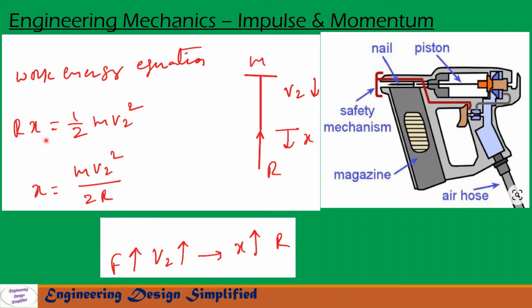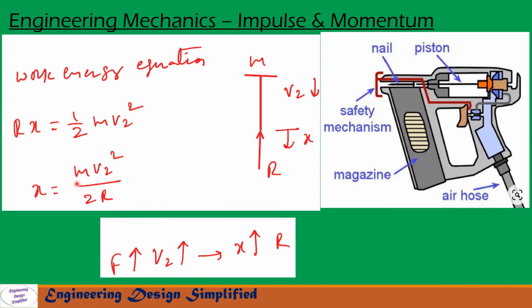So R into x equals the change in kinetic energy. The initial kinetic energy of the nail is half m v2 squared, and the final kinetic energy is zero, since the nail comes to rest, so that term is not written here. So the work energy equation is R into x equal to half m v2 squared. From this we find x, the depth of penetration, equal to m v2 squared by 2R.